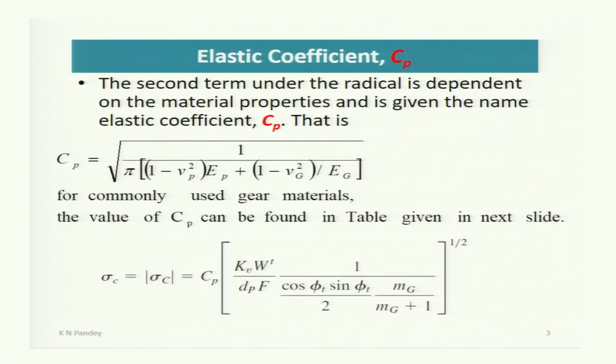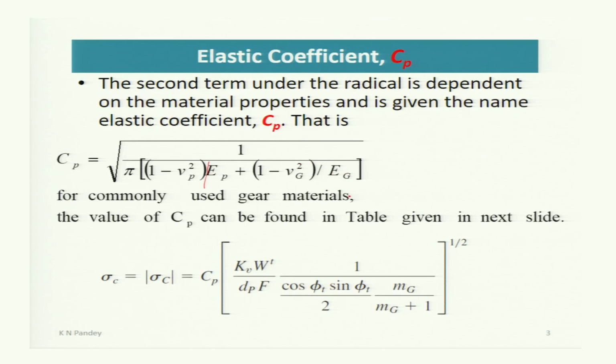So, clubbing the material property into one group, we have a term known as elastic coefficient, which is 1 under root 1 divided by pi within the bracket 1 minus nu p square divided by Ep plus 1 minus nu g square divided by Eg.